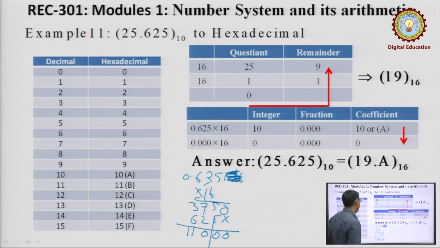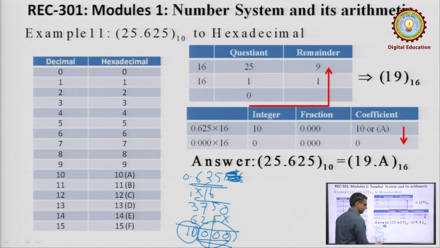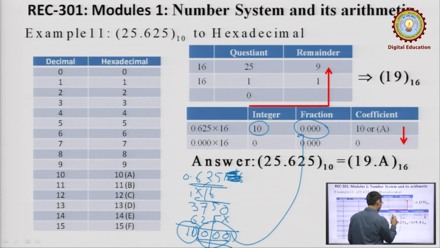Now we get the value 11, and 3 plus 9 is 6, 3 plus 6 is 9, and 1 is the carry, so it will be 10. The decimal point is after 3 digits, so it is 10.000. So 10 is the integer part here and these 3 digits are the fractional part, and this integer part will act as a coefficient.